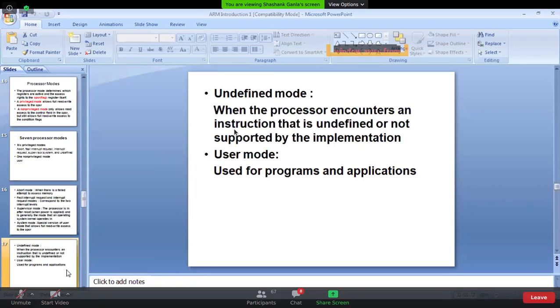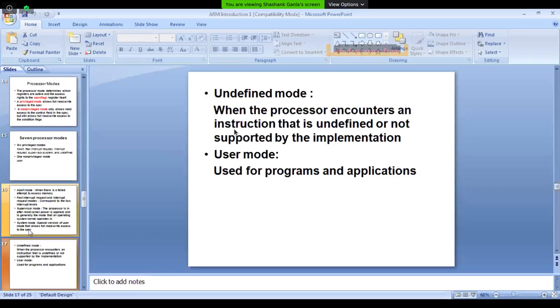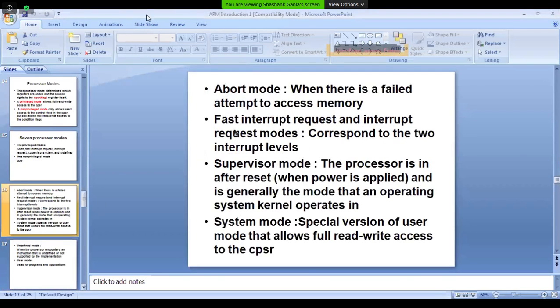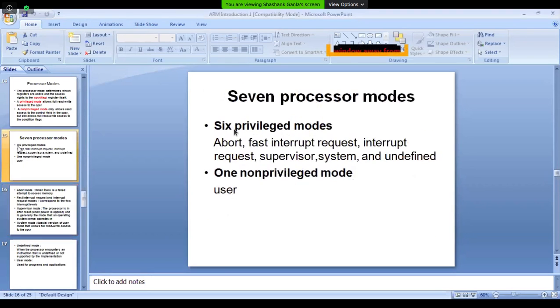Okay, let me come back to the modes of operations once again and try to explain these modes of operations in a different way. So again, I come back to the modes of operations where we have what we call the 6 privilege modes: abort mode, fast interrupt request mode, supervisor mode, system mode, undefined mode, and then the user mode.